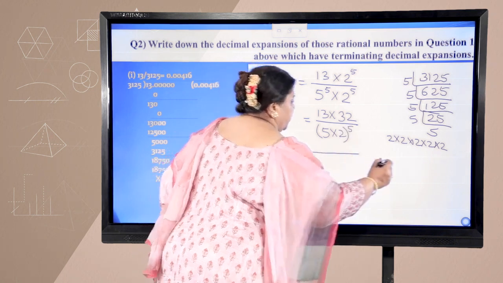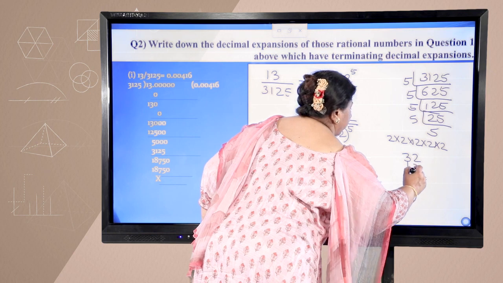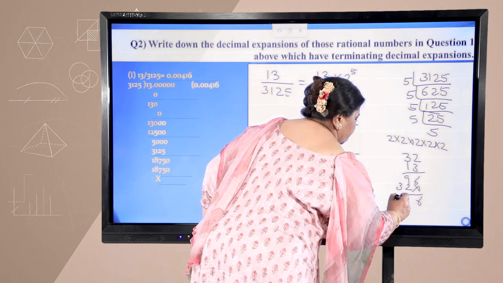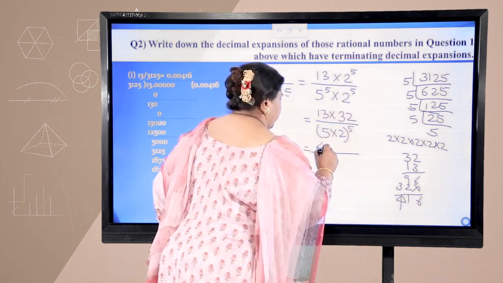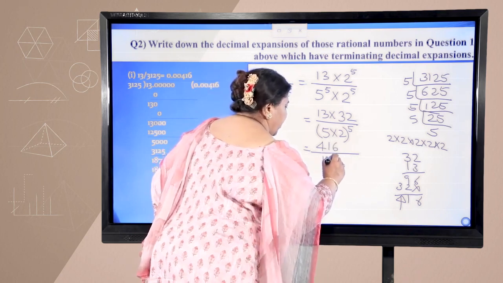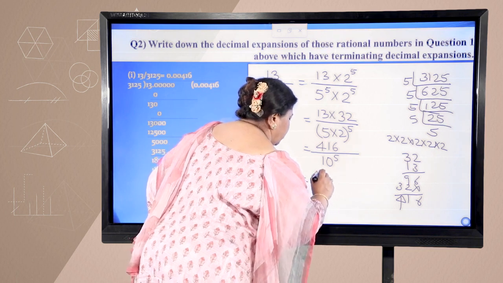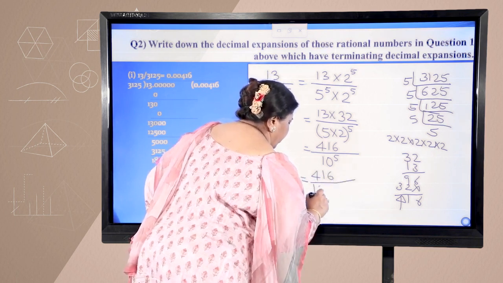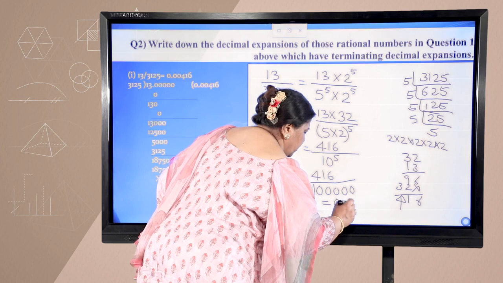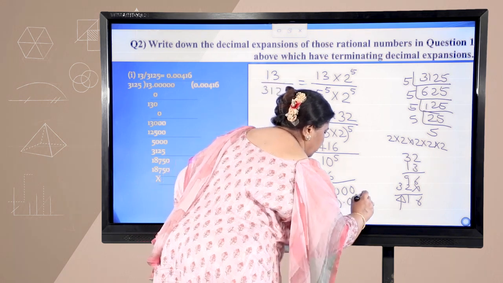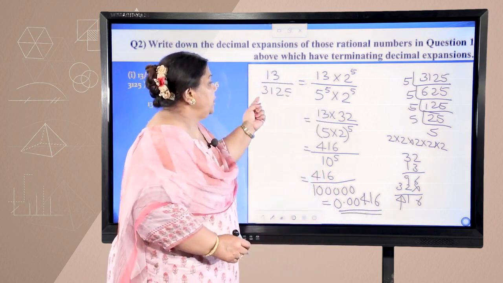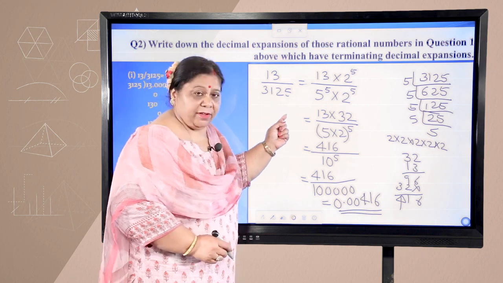So we get 32 multiplied by 13, which is 416 in the numerator, and in the denominator I get 10 to the power 5, which can be written as 416 upon 1 followed by 5 zeros. It is easy to express now in the form of decimals. You have 2 zeros and 416. So, this is the decimal expansion of 13 upon 3125. I hope it is clear.